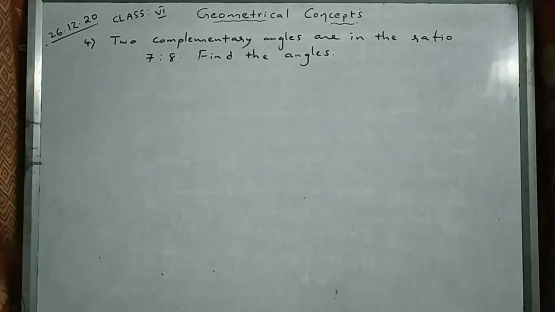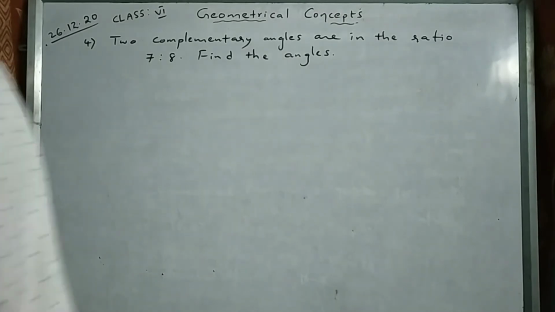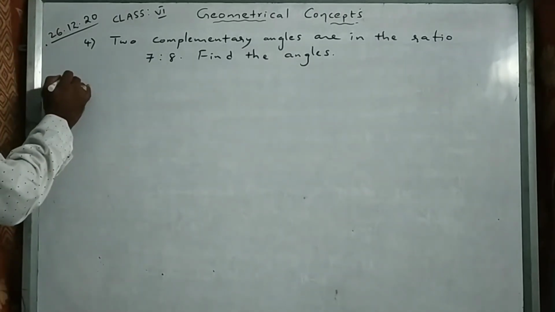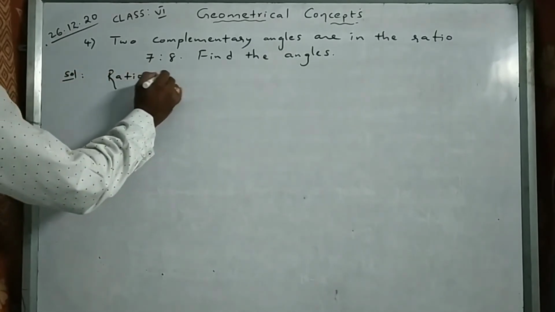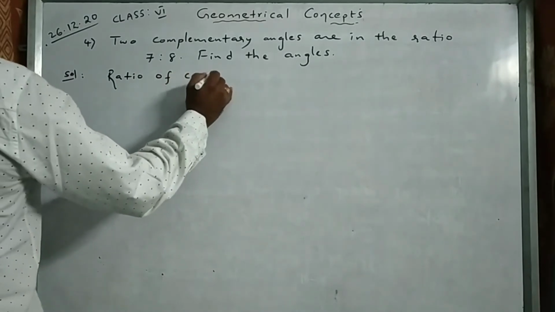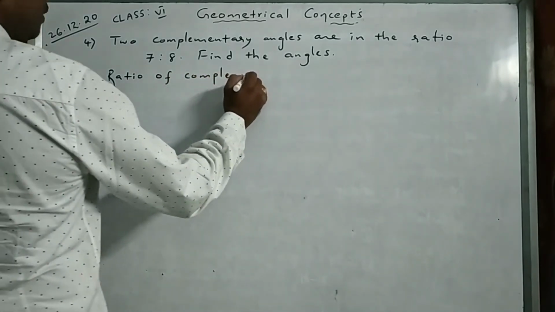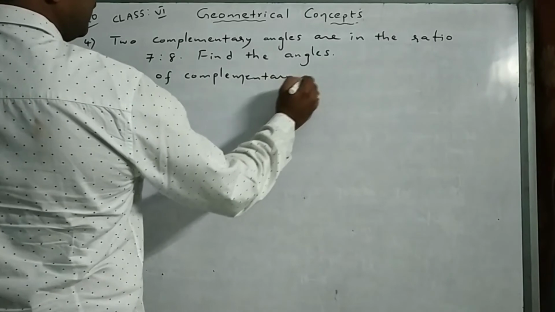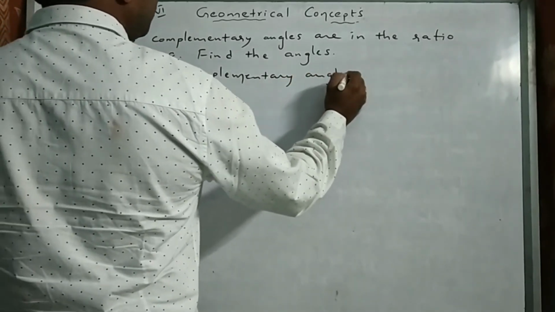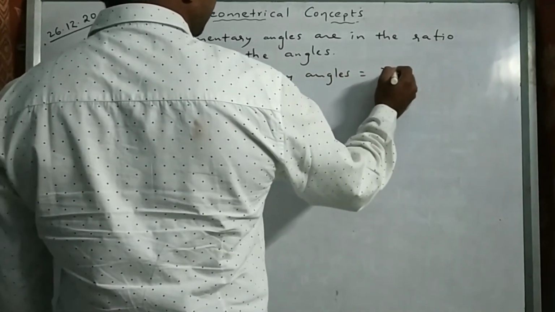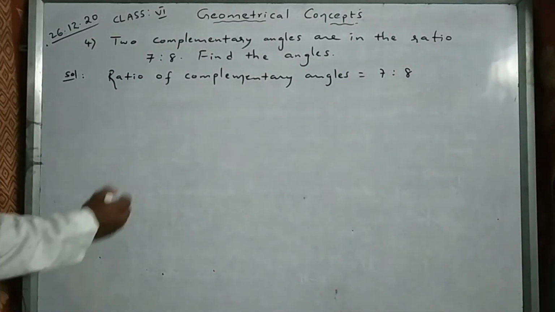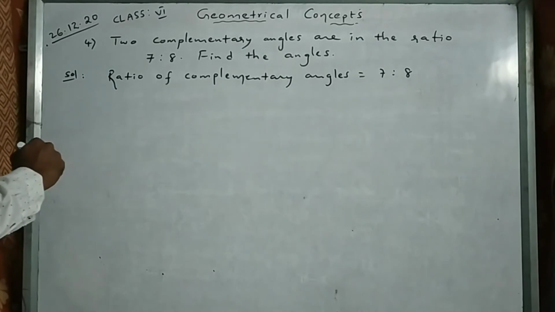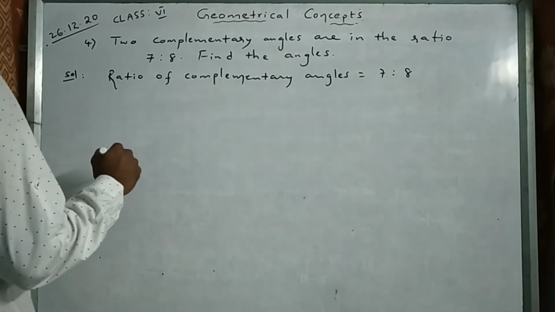So two complementary angles are in the ratio. What is given here? Ratio of complementary angles is 7:8.